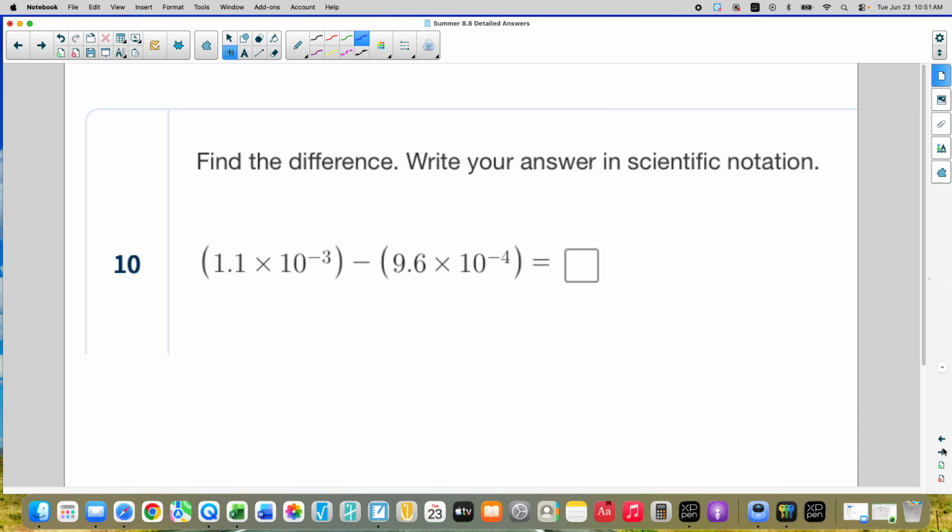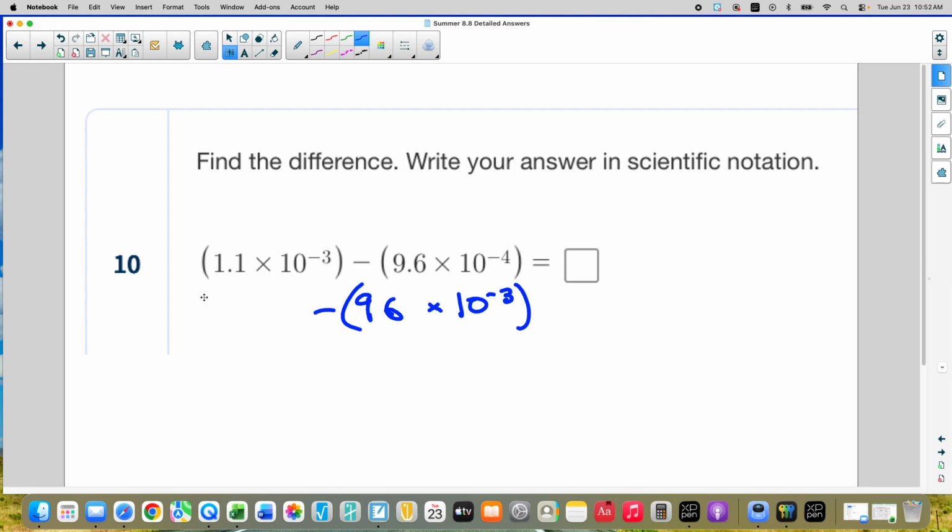Find the difference. Write your answer in scientific notation. Okay, this is interesting. We cannot subtract these two when they don't have the same base. But if we make this 10 to the negative 3, that would be okay. And so we're adding a 0. So that would actually be 96. These are equivalent.